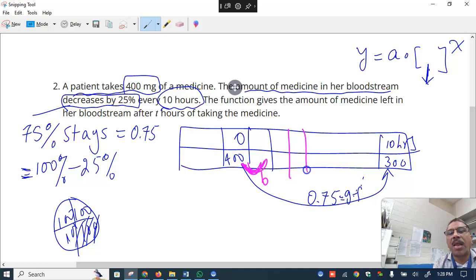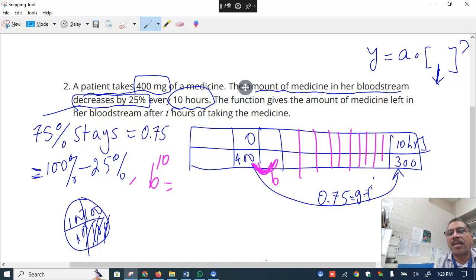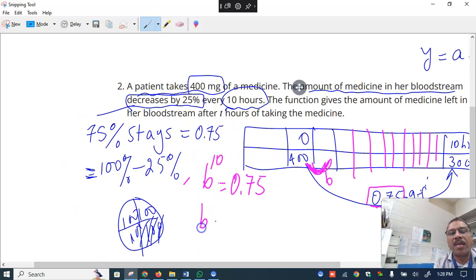So likewise, you have to have 10 of these pieces. So b raised to 10 is the growth factor, this is the 0.75. And use the definition of radicals, so b is 0.75 raised to 1 over 10.